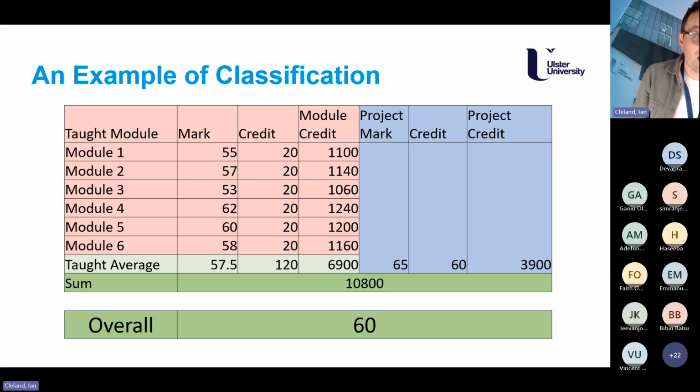Because the project has a higher weighting, 3 times that of the taught modules, the project can actually pull up the average of the total classification. So here, this individual has a mark of 65 on the project, and because of that, it's pulled their average on all of the modules up to 60. And for that reason, they would get the commendation.